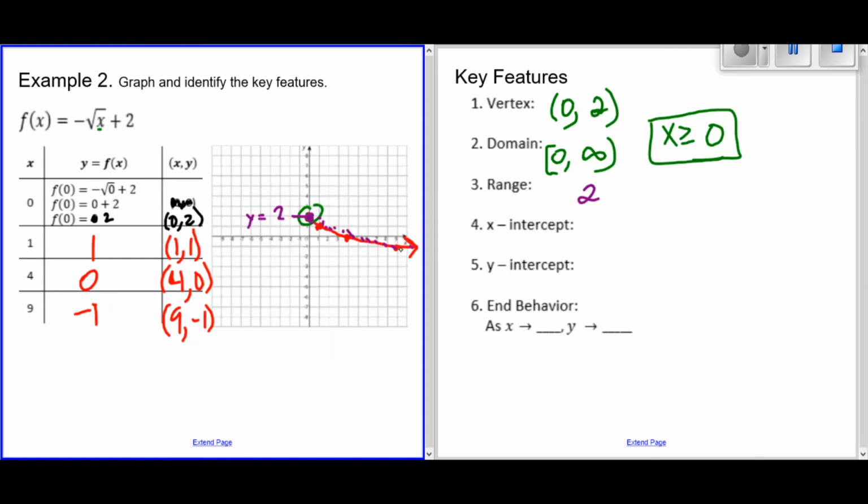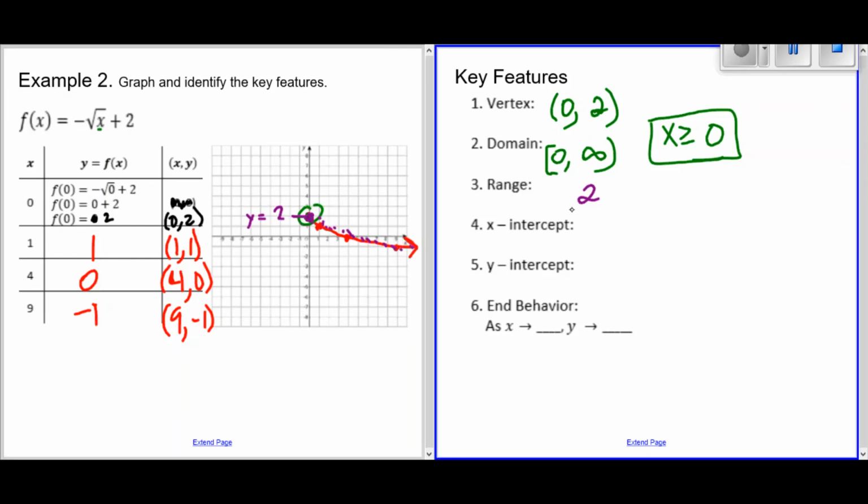So that means all my y values are less than 2 since all my points lie below 2. When we write our range, remember, we write smallest to largest. So I'm going to write negative infinity to 2 and put a bracket around 2. Just keep in mind when you're writing the range, you need to write the smallest y to the largest y. So 2 is the largest y value. So this vertex would be like a maximum point.